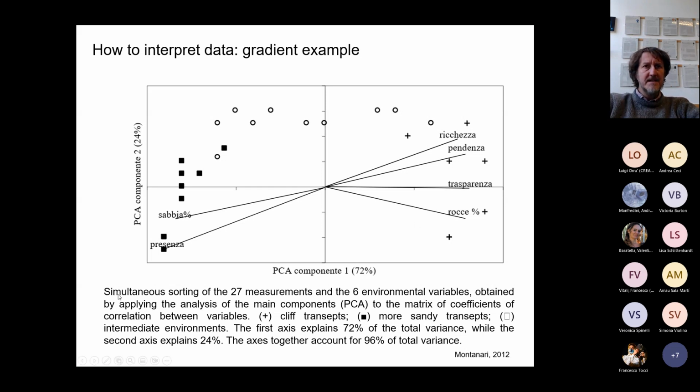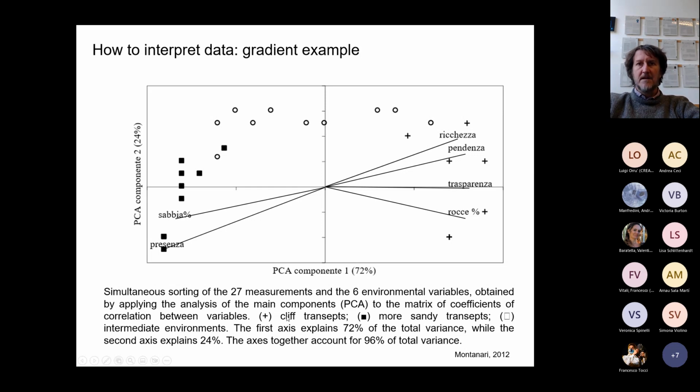Here we have the simultaneous sorting of 27 measures and 6 environmental variables. So we have 27 rows and 6 columns, obtained by applying the PCA to the matrix of coefficients of correlation between variables.